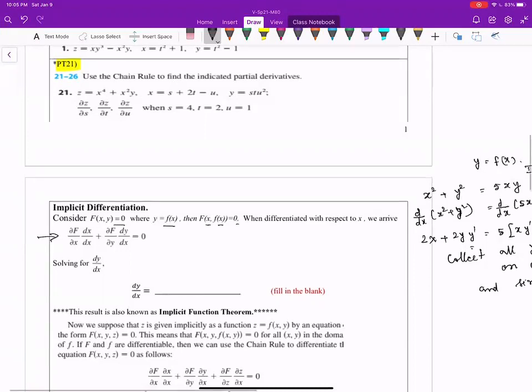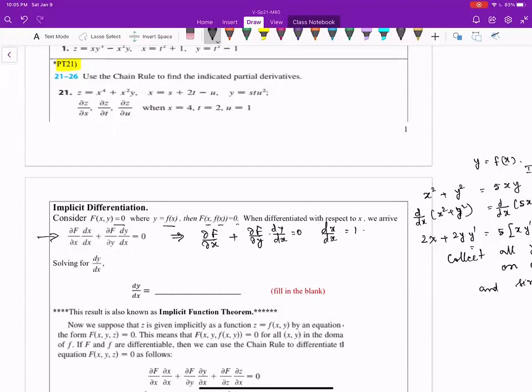Here dx over dx equals 1. So it becomes dou F over dou x plus dou F over dou y times dy by dx equal to 0.